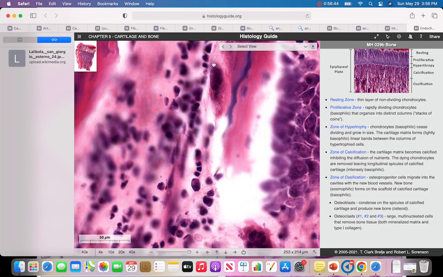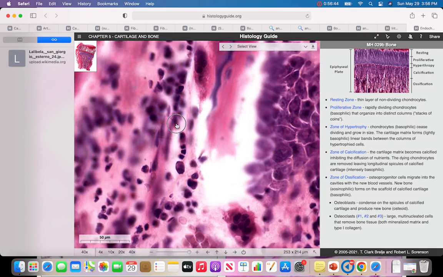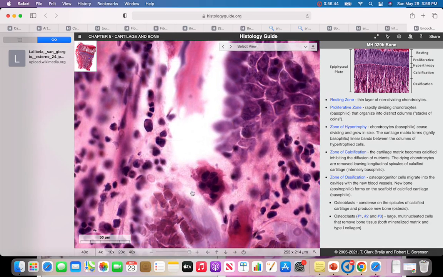Here there is one osteoclast. Here there is another osteoclast. As you see, they are multinucleated, and they are found in Howship's lacunae or resorption bay. And their main function is resorption of bone tissue.